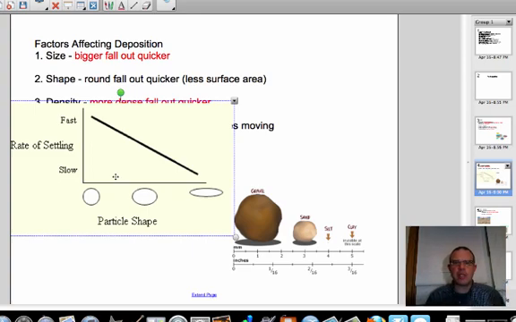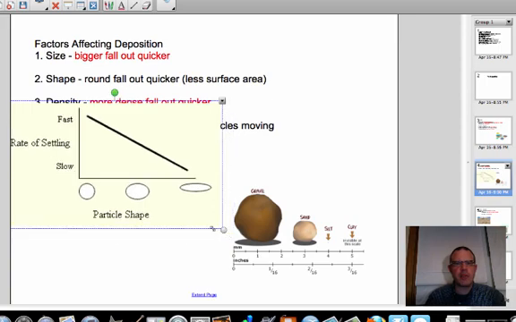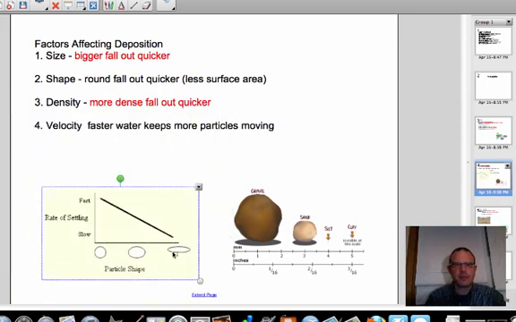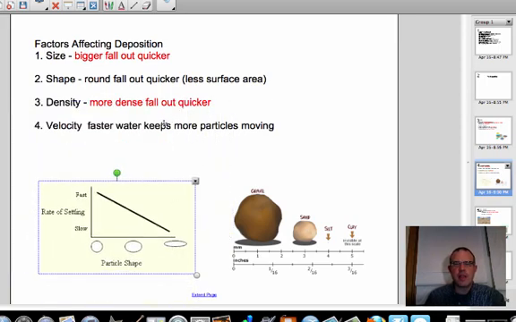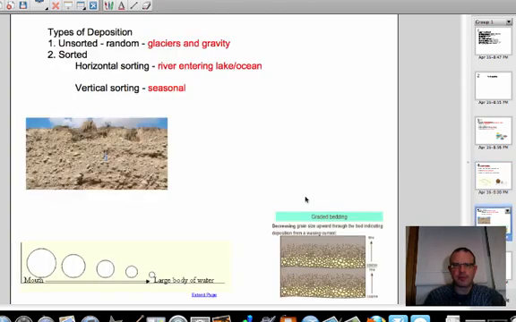So clay is a particular type of particle that is a flatter type particle that the water will hold up. Remind me to show you the paper example in class for that. You can also talk about density. The more dense a particle is, the quicker it falls out. And also the velocity of the stream. The faster the water is going, the more particles that can be held up. And that goes back to the diagram on page 6 in your reference table.